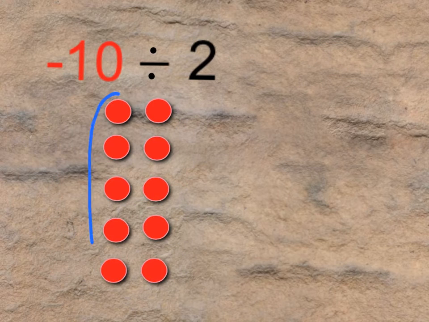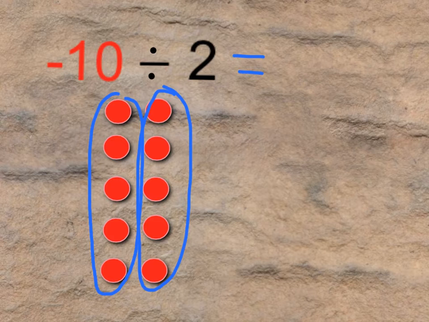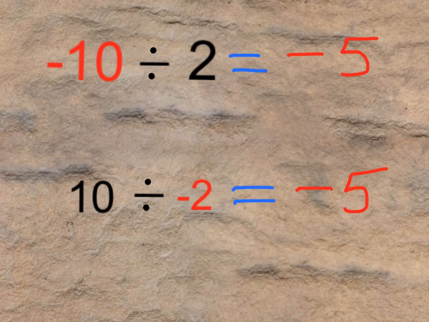Here's another example. We're taking a negative number and dividing by a positive. You will get a negative quotient in the end. Thus, we can conclude when we have one negative number divided by one positive number, we get a negative quotient.